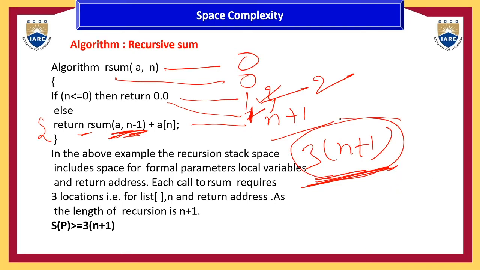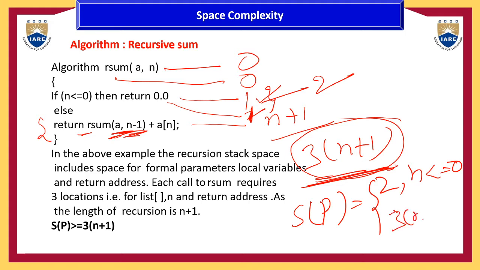That means S of P equals 2 whenever n is less than or equal to 0, and 3 into n plus 1 whenever n is greater than 0. So this is the space complexity of this algorithm.